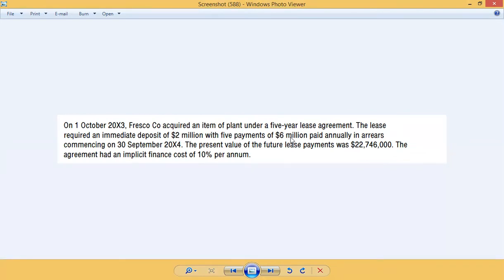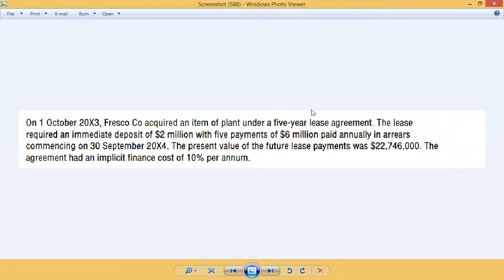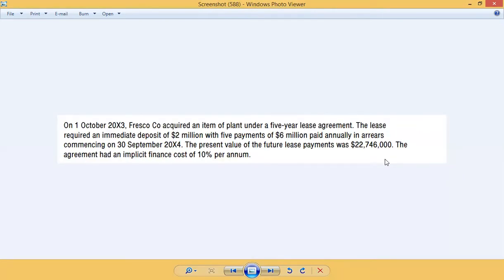The lease payment will be 6 million by 5, that would be 30 million plus the 2 million, making 32 million. So that's the total payment. You take off the present value from it, then you get the total interest. Good. So that is the question.